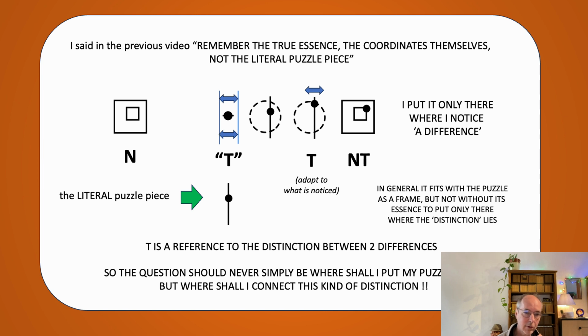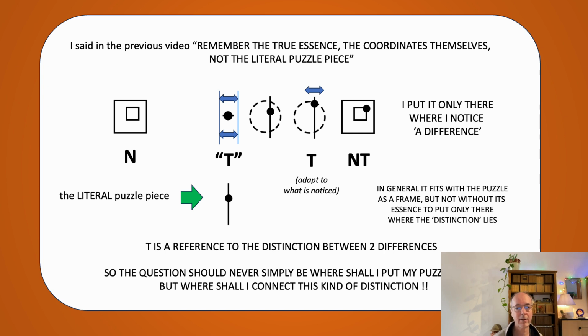As you can see, if you simply would add the T on a circle, it has to adapt as well to what it is. So what do we have in the circle? We have a distinction between, in this case, nothing and a circle. So we will have to put the point of distinction on the circle itself. It's much easier when we have, for instance, the N here. We combine N with T, and N is something within an object that is formed there.